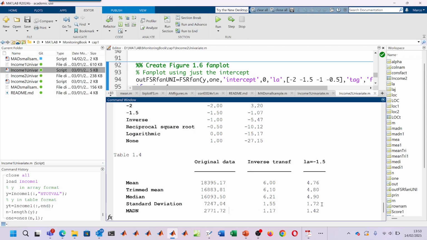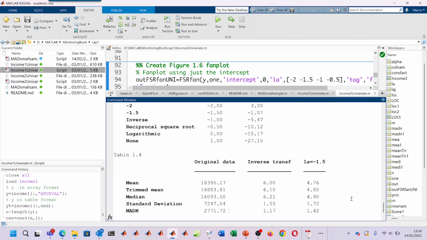If we then go to the transformed data, there is much less difference in the estimates of the mean, in either the inverse transformation or lambda of -1.5, but there is still a more appreciable difference in the two estimates of the standard deviation.